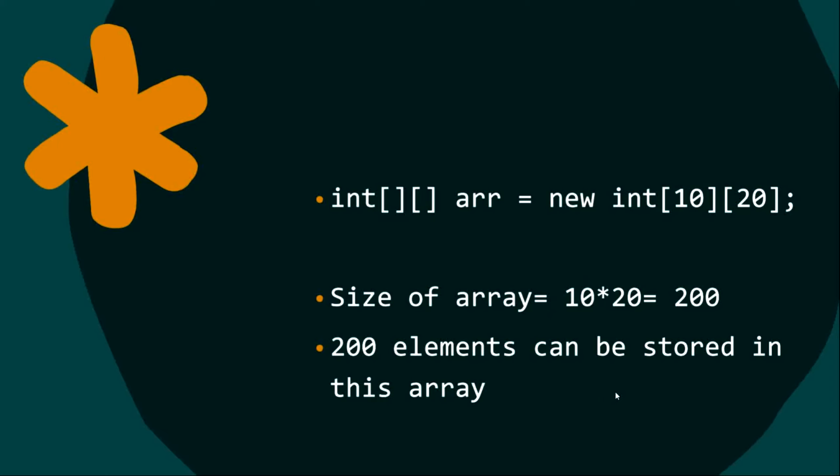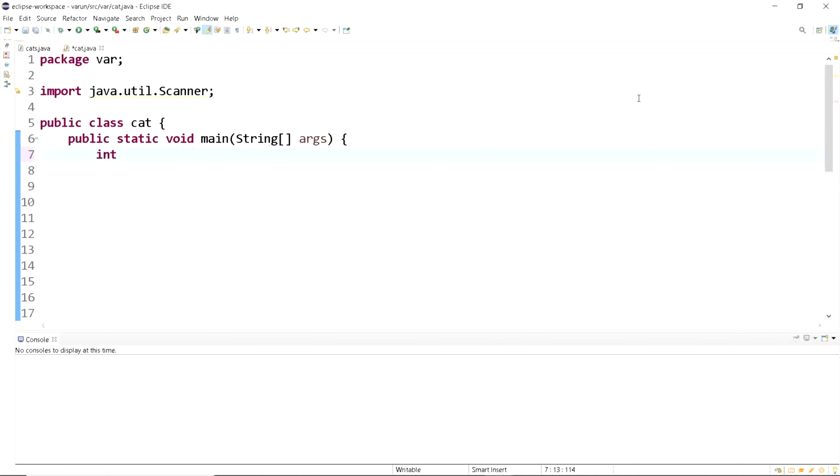Let's look at this multi-dimensional array on our Eclipse IDE. So we'll create one array. Int, since it's a two-dimensional array, we're putting these two boxes. Let's name it A. int A equals. We'll create the array in a default manner, as we have done for the one-dimensional array.